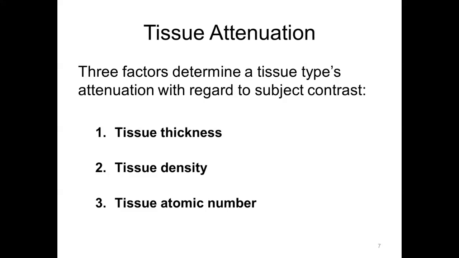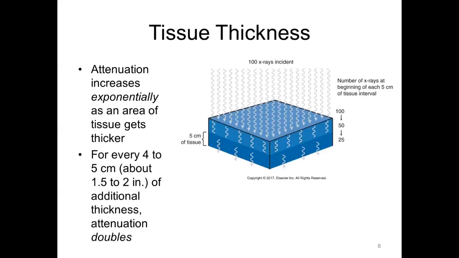They are the thickness of the tissue, the density of that tissue, and the overall atomic number of that tissue. Thickness is up first. Attenuation is going to increase exponentially as an area of tissue gets thicker.